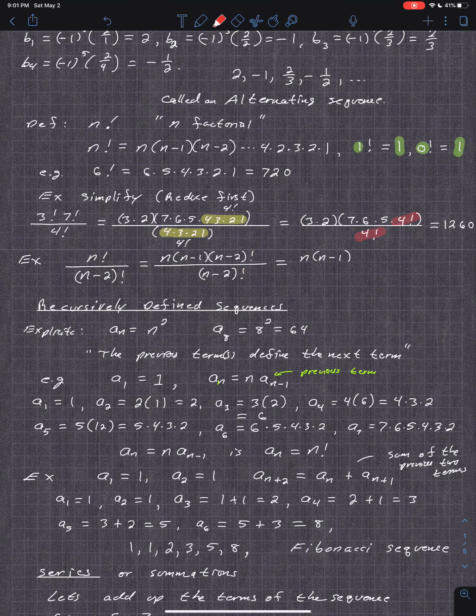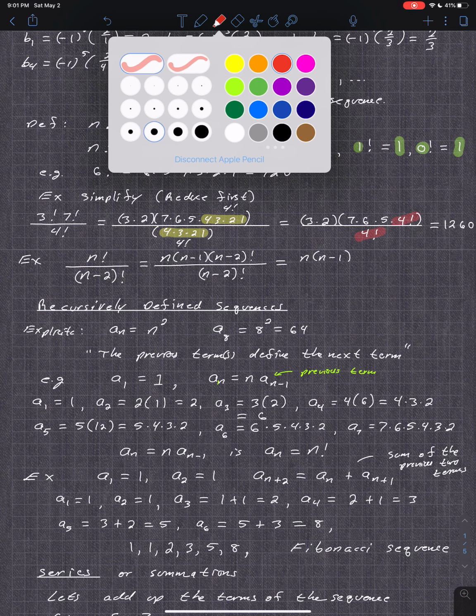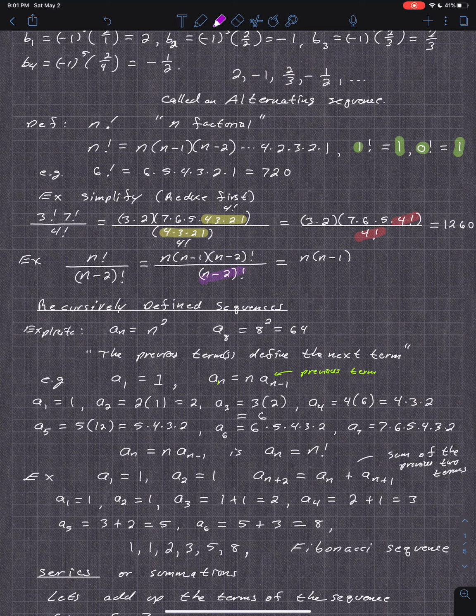So those terms will then cancel out. So this n minus 2 factorial divided by n minus 2 factorial reduces to 1. So instead, you don't have any factorials anymore. So they're gone. Once you reduce, you just get this form.